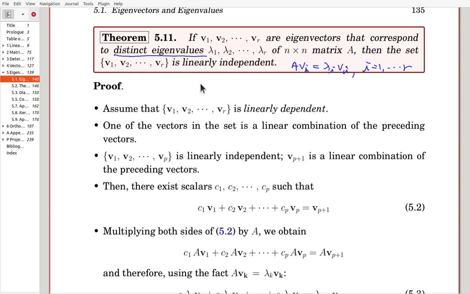So for distinct eigenvalues, the corresponding eigenvectors form a set of linearly independent vectors. This will be used later in many applications. Here we have a proof.